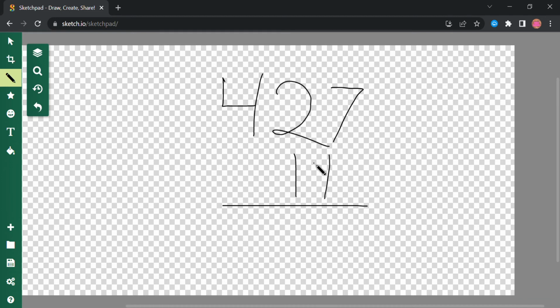Your traditional method would look like this. 4, 2, 7, and you just keep an X there like there's a 0. Like a big old 0 there. And you just add 7 plus 0 is 7, 2 plus 7 is 9, 4 plus 2 is 6, and then 4 plus 0 would be 4, and your answer would be 4697.